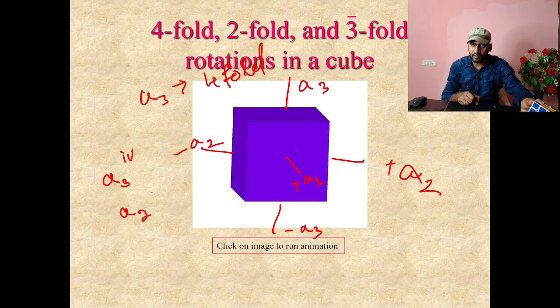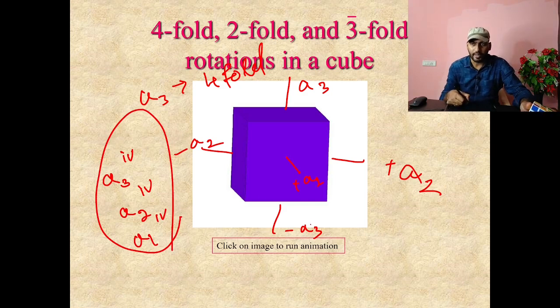A2 is fourfold, A1 is fourfold. All three crystallographic axes are fourfold.